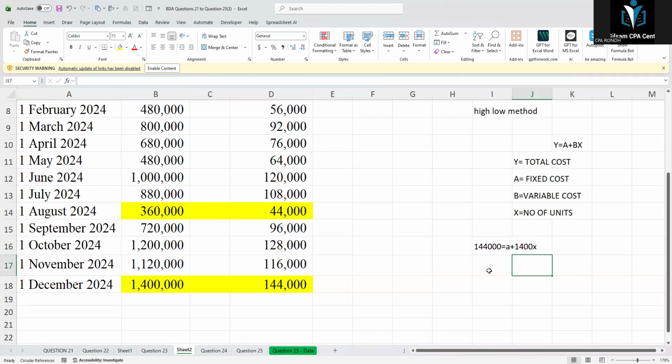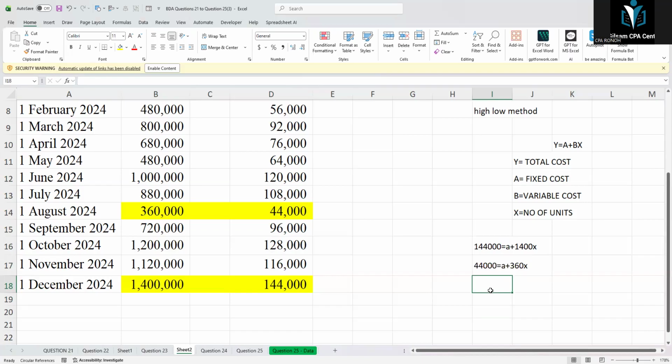And then the second equation will be 44,000 equals a plus 360x. So these are two equations. We can now simplify this equation.